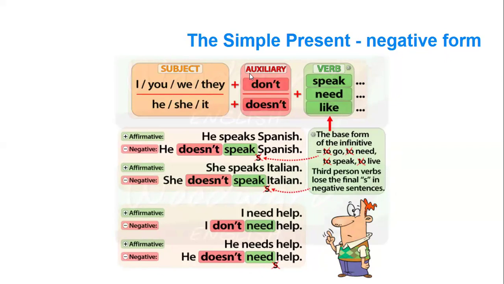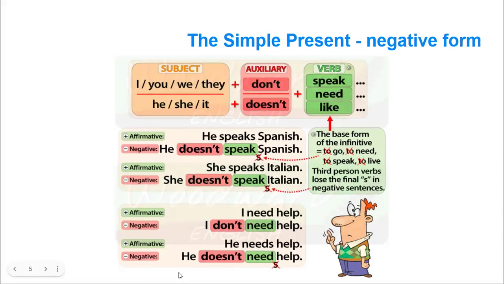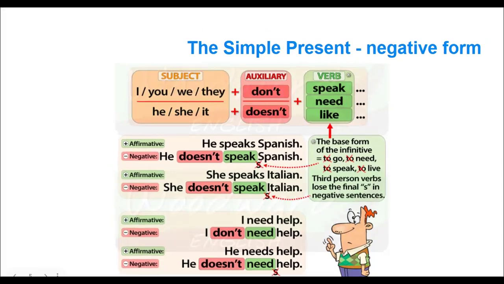In the simple present for the negative form, we're going to use the auxiliary do or the auxiliary does, okay? After the auxiliary do or does, we're going to use not. So we have do not, and also we have does not.